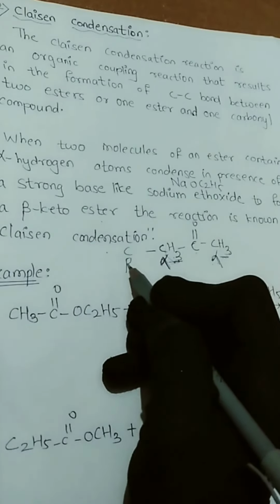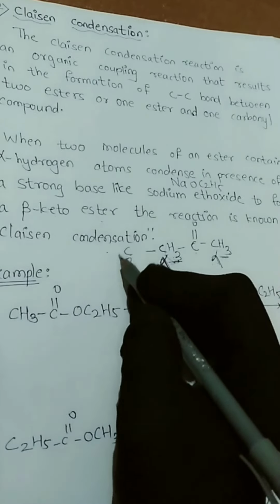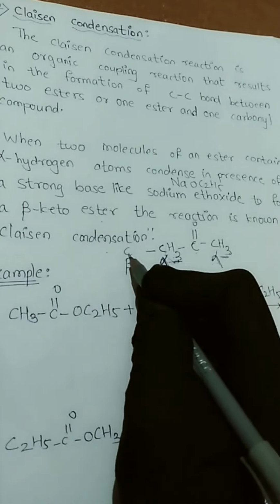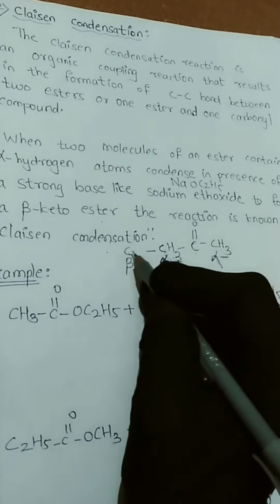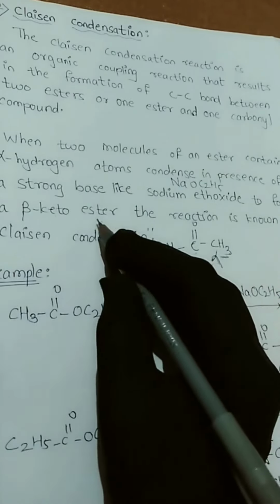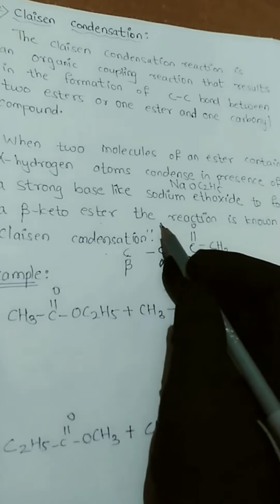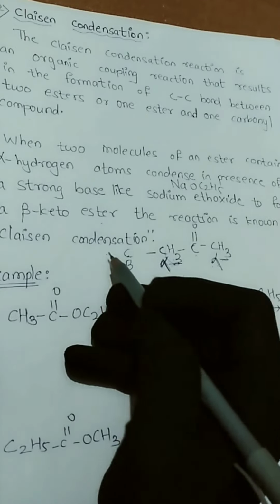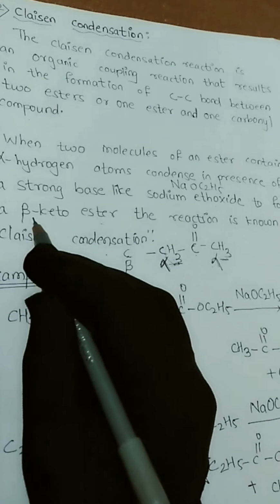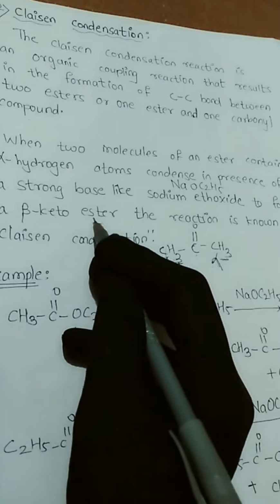Beta keto ester means in the position of the beta carbon there is a ketone, meaning a carbonyl group, and then there is an ester, so there will be ketone and ester functional groups. The reaction is known as Claisen condensation. Just remember that what you will get is a beta keto ester.